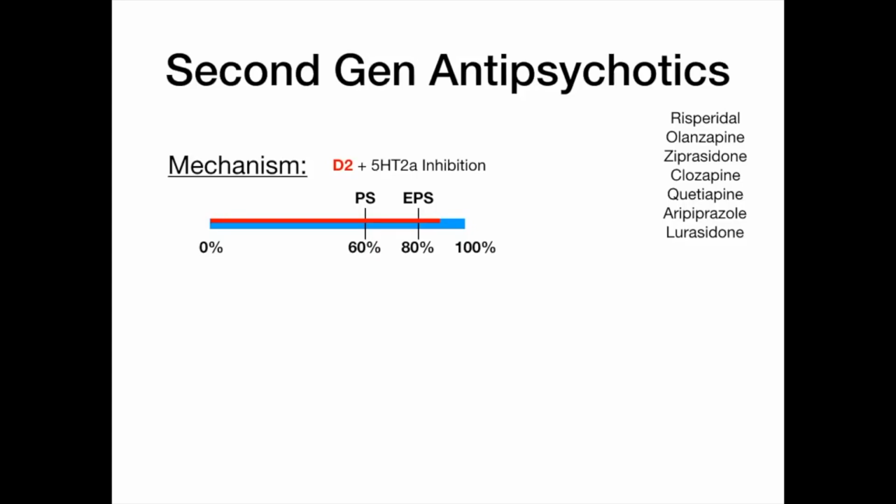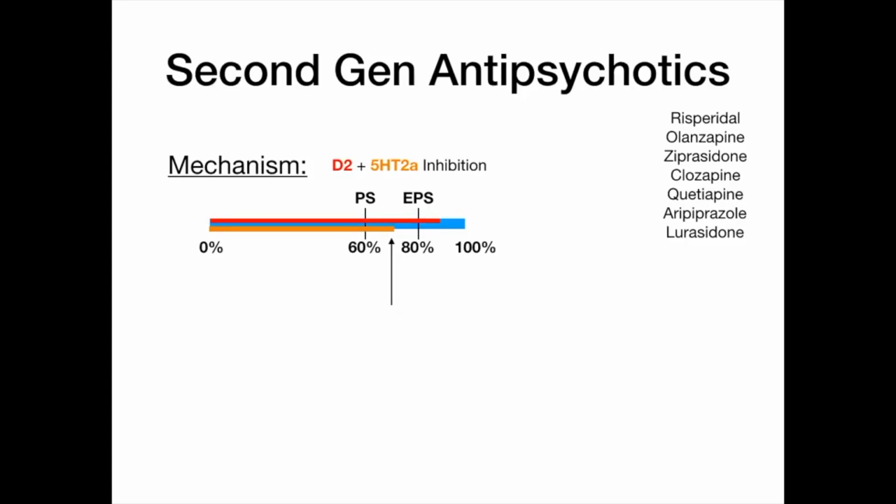So we move that red line back between 60 and 80%, and we're actually right there where the orange line is, smack in the middle of 60 and 80, and that is the hot spot for the atypical antipsychotics because we're getting rid of the positive symptoms. We've got at least 60% D2 blockade, but we have not yet hit 80% because that little bit of 5-HT2A inhibition gives us a little baby bit of dopamine back, which helps avoid the EPS.